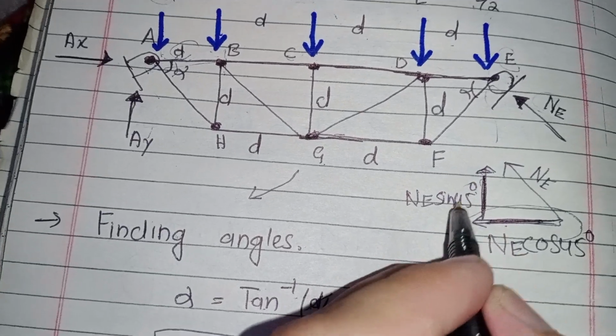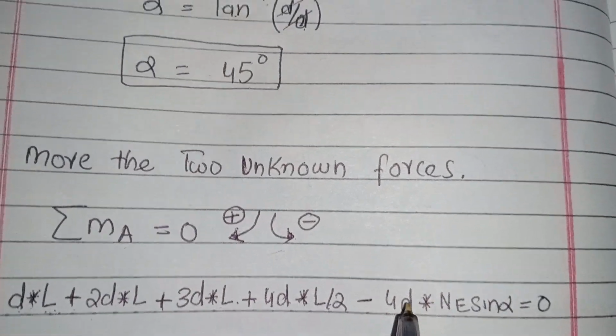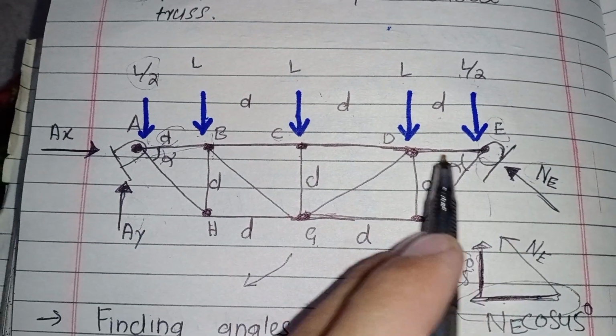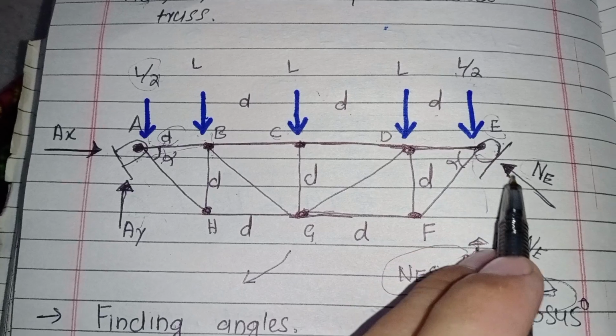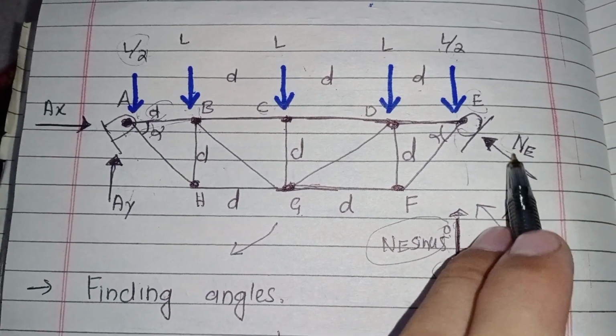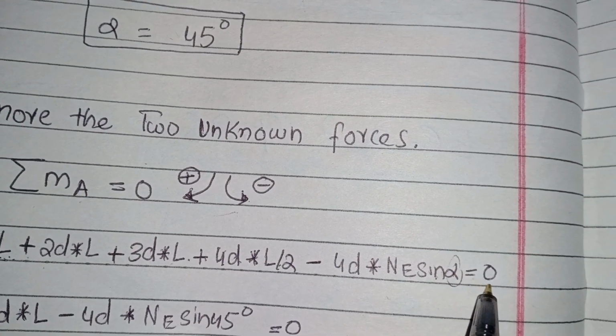That's why I take this component of this force. So 1, 2, 3, 4D is the distance from A to E, and the component of this force is NE sine 45. NE sine alpha, alpha is 45, equal to 0.